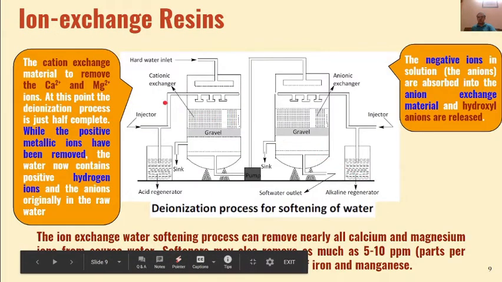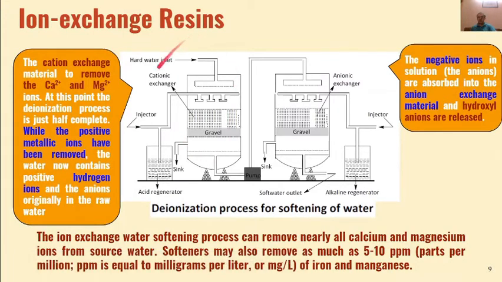So this is the cation exchange resin column, and this is the anion exchange resin column. What we do is first we pass hard water from this inlet, and it passes through the cation exchange resin in the first column, and we know that here calcium and magnesium ions will be removed, and H ions will be sent to the water.